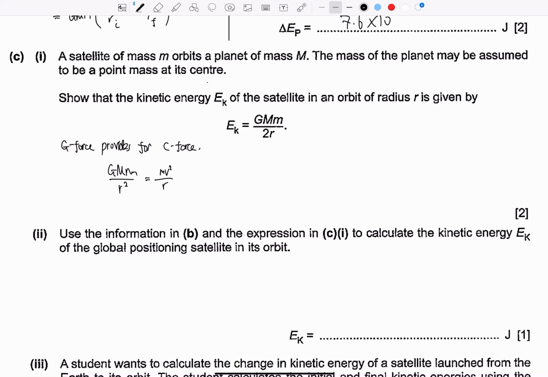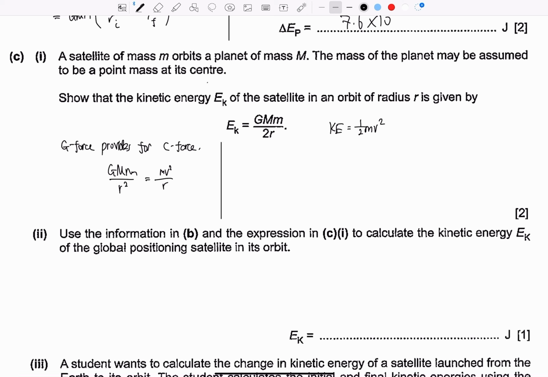So the question wants us to find Ke. Ke is half mv squared. So if we were to examine the formula that we have, this part here, it looks similar to what we want. It's just missing one small component. So we should rearrange the formula around this mv squared.